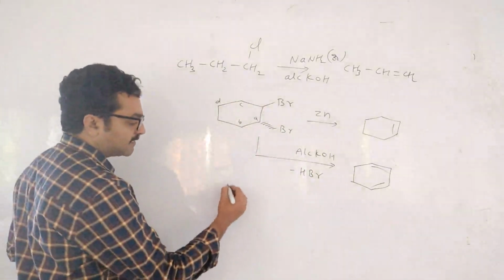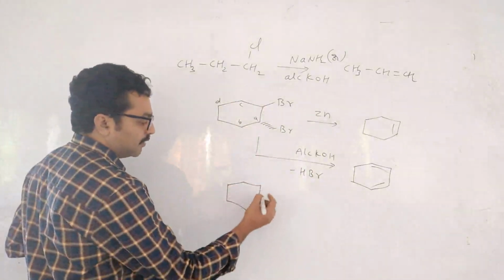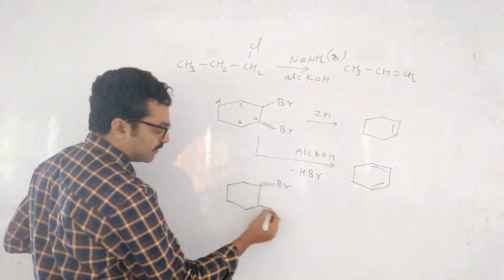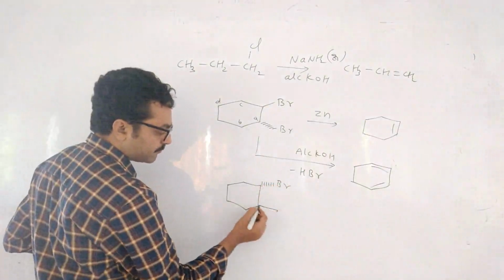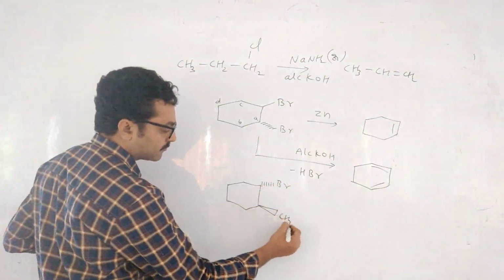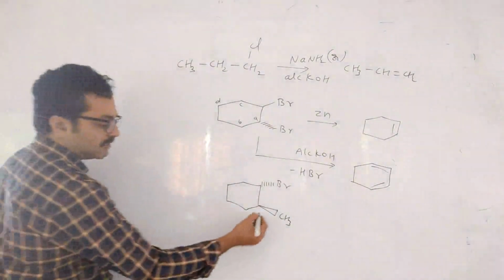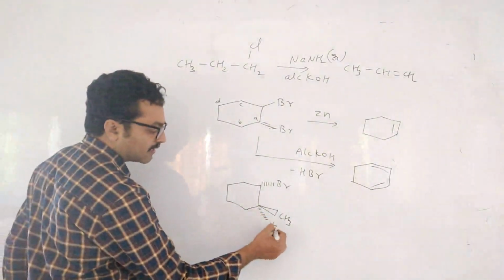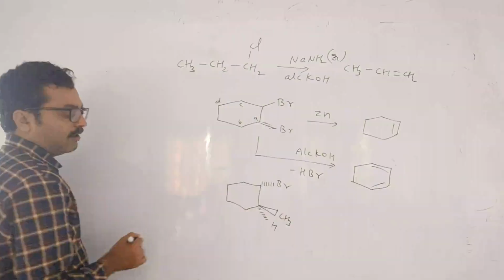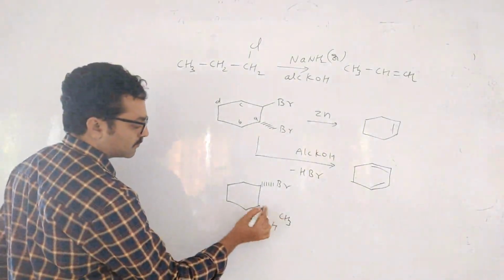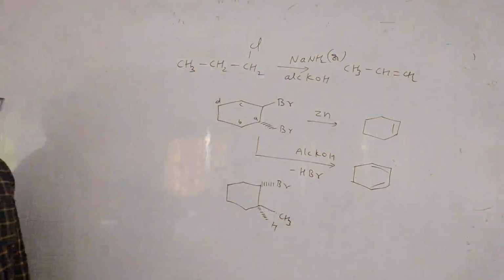But the problem lies here, children. If they gave Br like this and some CH3 like this. Now this time hydrogen is dotted here. Understanding? Now where will the alkene form? Simply see.